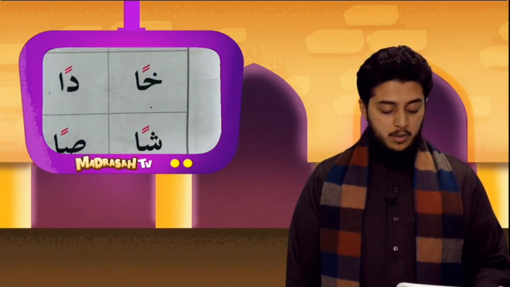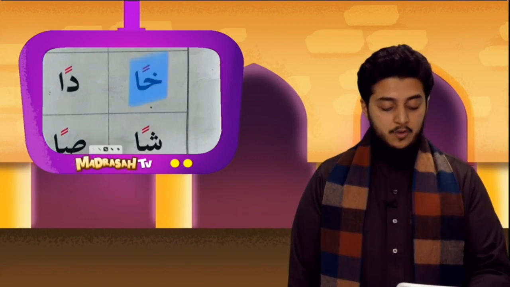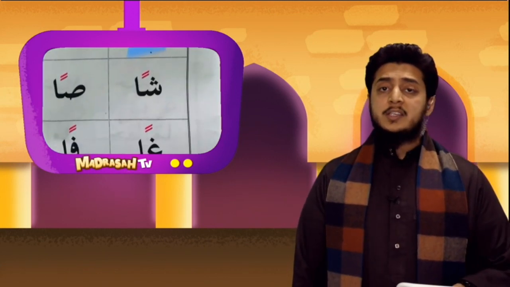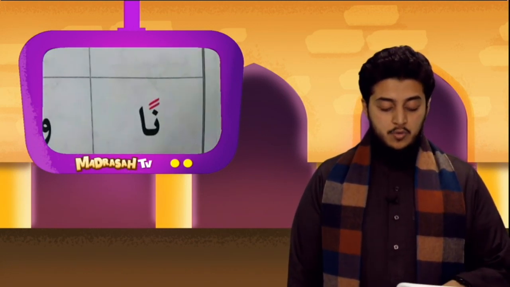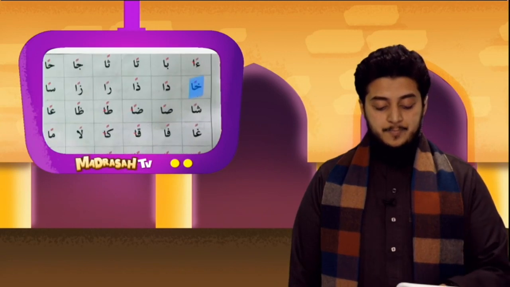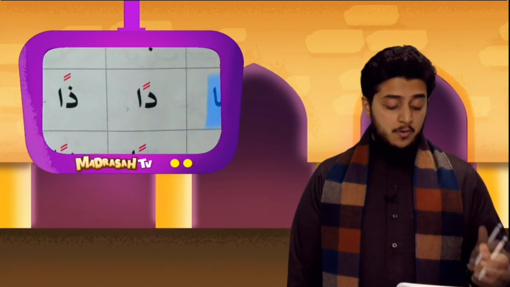Kha fathatain khon. Who remembers what kha is? Kha is a full mouth letter. Yes, guys, kha is a full mouth letter. Sheen fathatain shan. Ghain fathatain ghon. Noon fathatain nan. Okay? Ba fathatain ban. Dal fathatain dan. Now, if I have a white marker here, imagine if I remove this alif and I remove this.